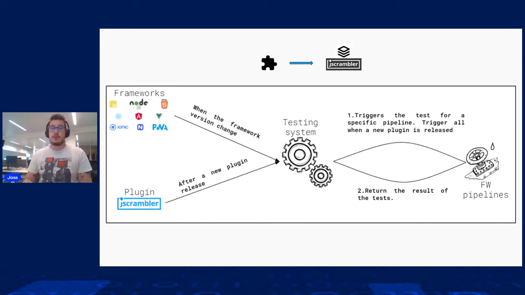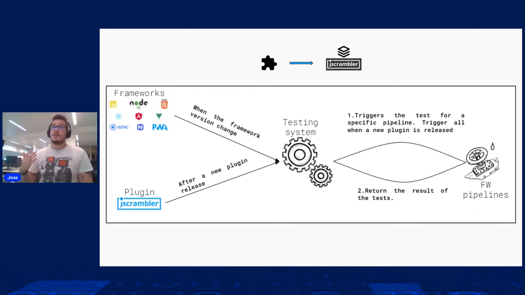We have already pre-set up different projects, one for each of the different frameworks we have, and we trigger every single test I've said before. We try to build, we try to serve, and make sure that the project still works as intended. Then we return those results to the testing system.